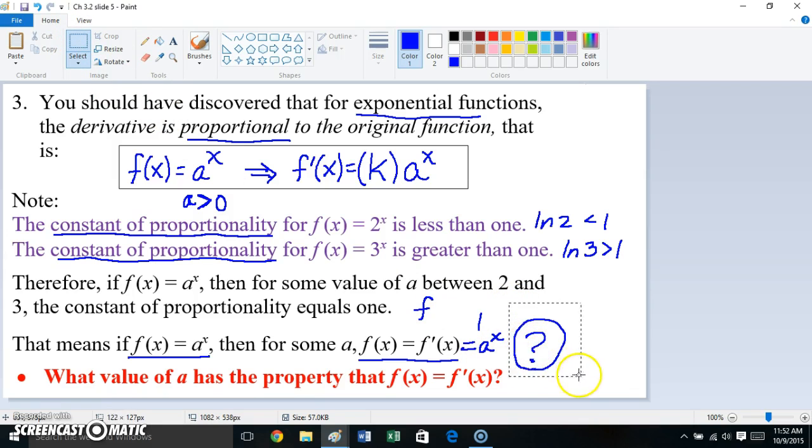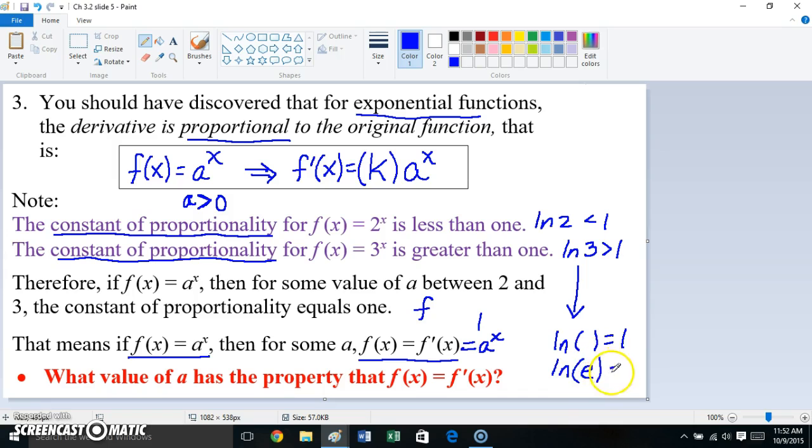If you just think about our constants of proportionality for the previous two derivatives of 2 to the x and 3 to the x, well, the natural log of what number will equal 1? That would be e. The natural log of e is 1.